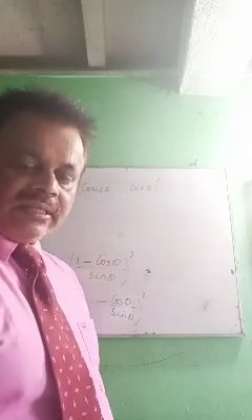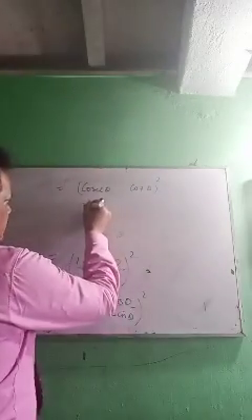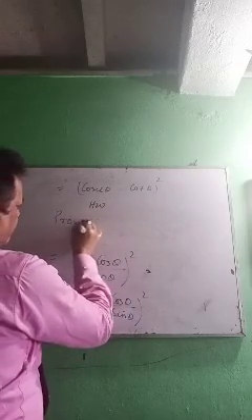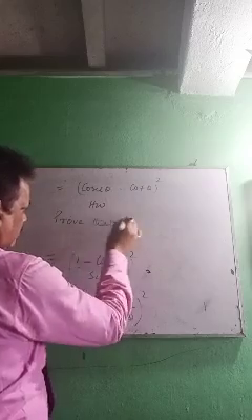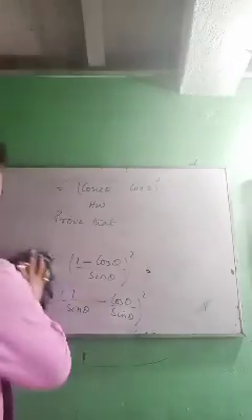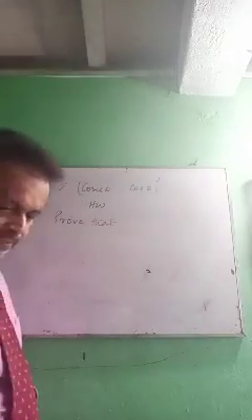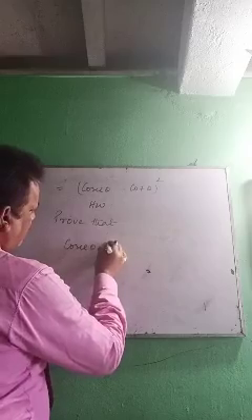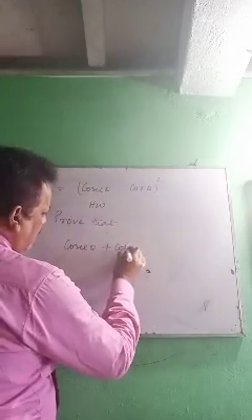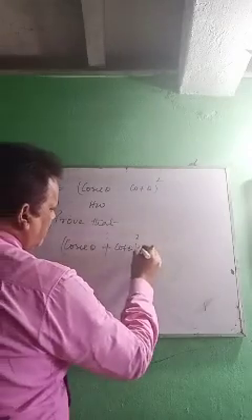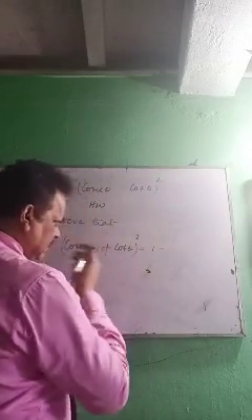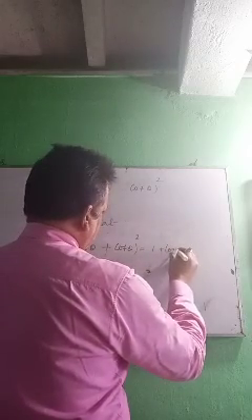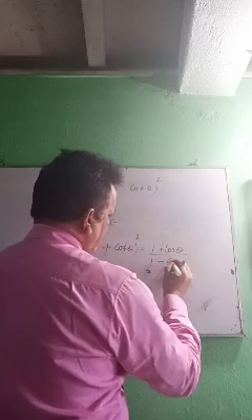Okay, so with the same method I am giving you 3 questions as homework. Prove that cosec theta plus cot theta whole square equals 1 plus cos theta by 1 minus cos theta.